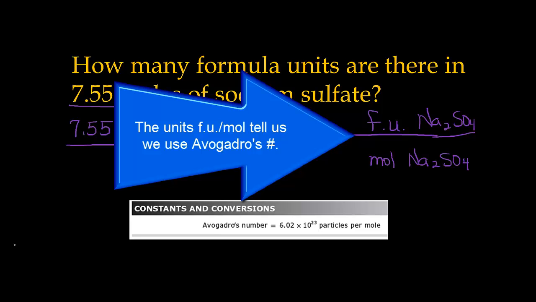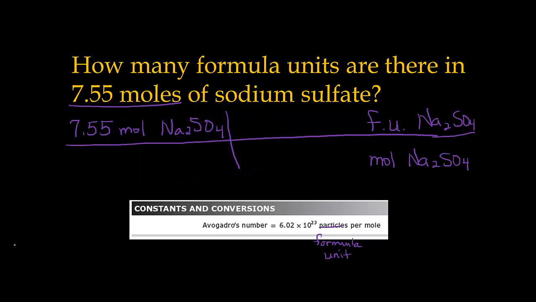And in this case, our particles actually stands for formula units per mole. So now we got to ask ourselves, do we put the number on top or do we put it on bottom? Well, this is formula units per mole, and when it says per mole, it means per 1 mole. So we're going to put it on top, 6.02 times 10 to the 23rd formula units in 1 mole.